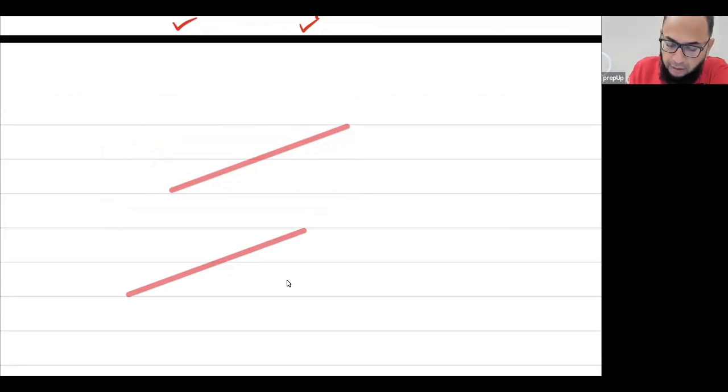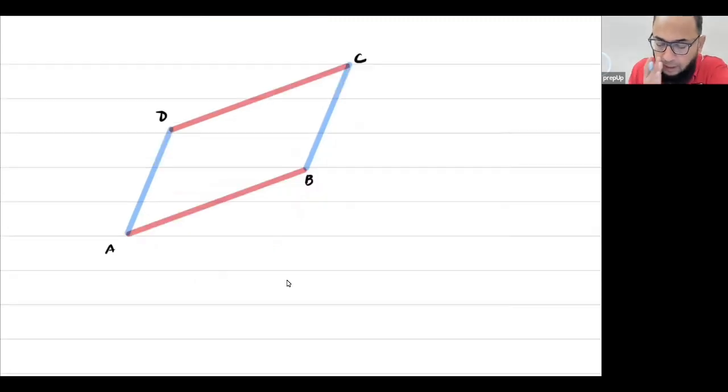Okay, now let me draw a line like this. Let me copy this and paste it over here. Okay, so now I have labeled a shape. This is A, this is B, this is C, this is D.